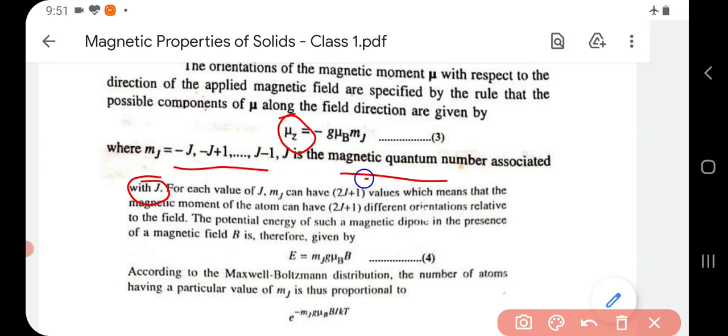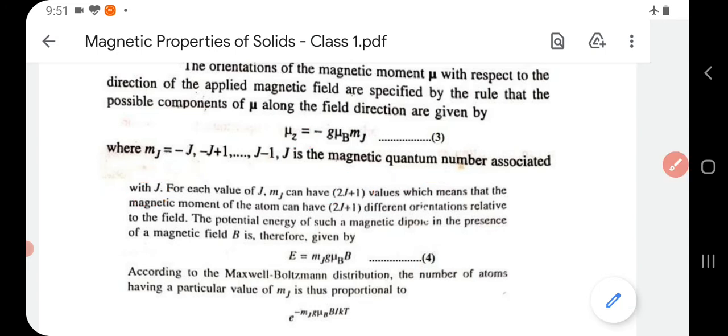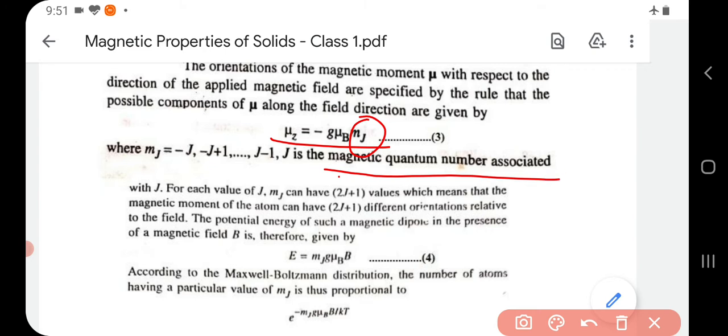That is, it can have 2j plus 1 values, which means that the magnetic moment of the atom can have 2j plus 1 different orientations related to the field. That is the meaning. This mj is nothing but the magnetic quantum number associated with j.